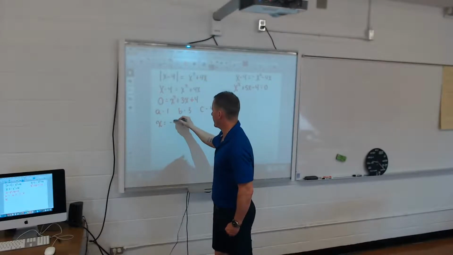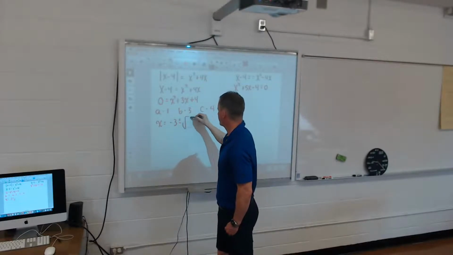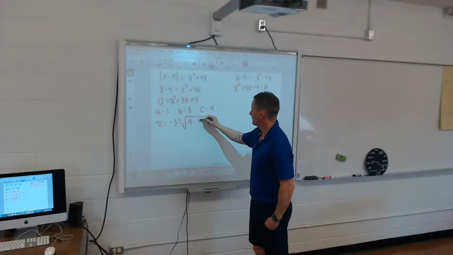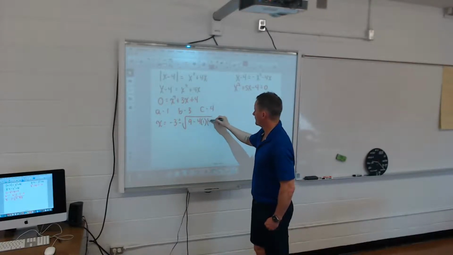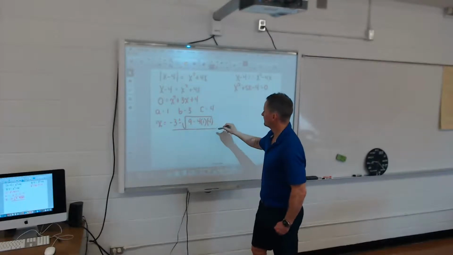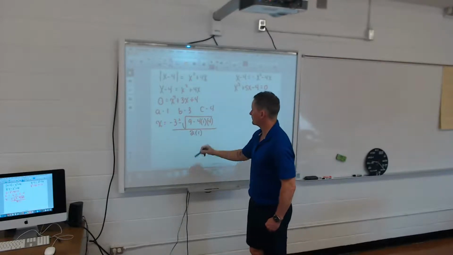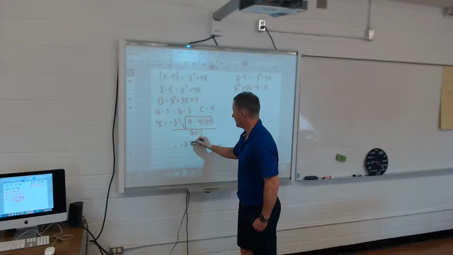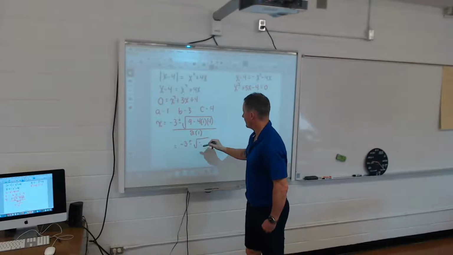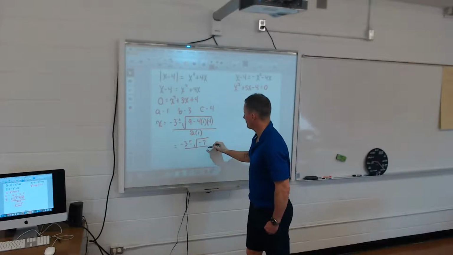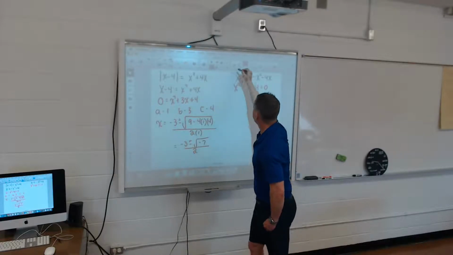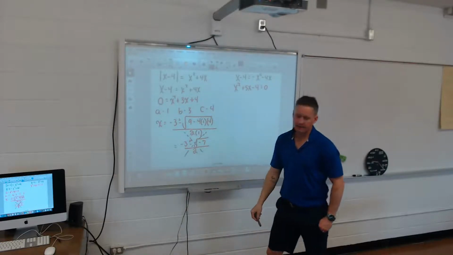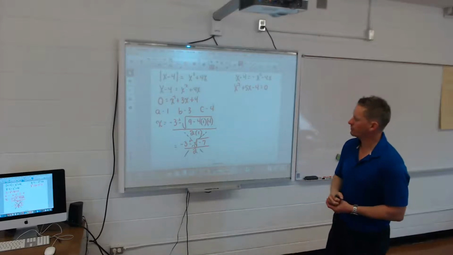X equals -3 plus minus the square root of 9 subtract 4 times 1 times 4, over 2 times 1, equals -3 plus minus the square root of -7 over 2. And that means that there are no possible roots there.